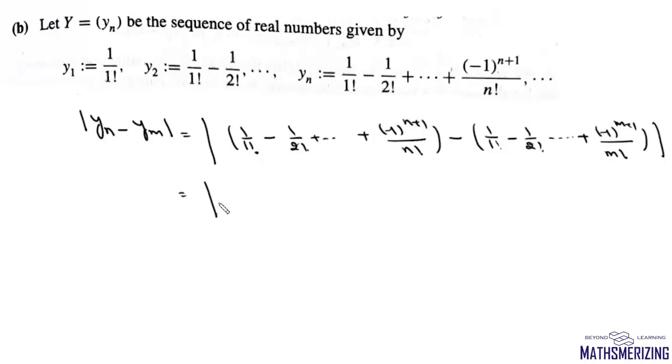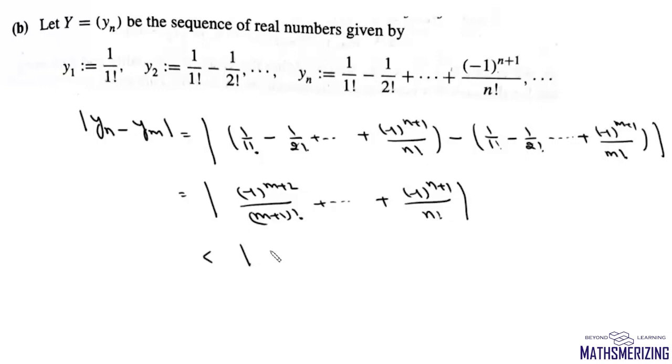Now it will be nothing but minus 1 to the power m plus 2 upon factorial m plus 1, and it will continue up to minus 1 to the power n plus 1 upon factorial n. Now it will be less than 1 upon factorial m plus 1 up to 1 upon factorial n.